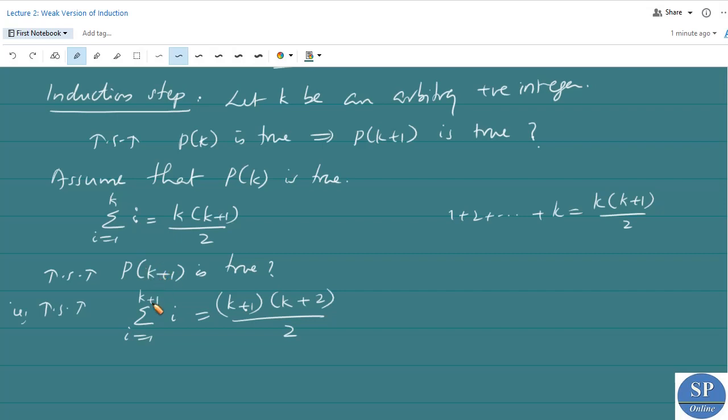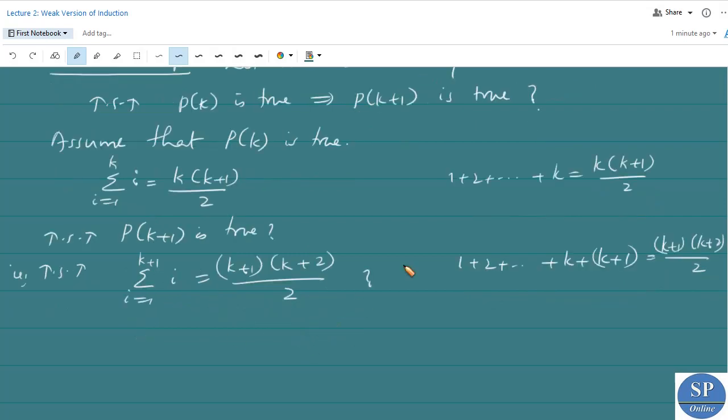Or we have to show that 1 plus 2 plus etc. plus k plus 1 is equal to k plus 1 into k plus 2 divided by 2. So we have to show that whenever P of k is true, then P of k plus 1 is also true. That is what we have to prove.